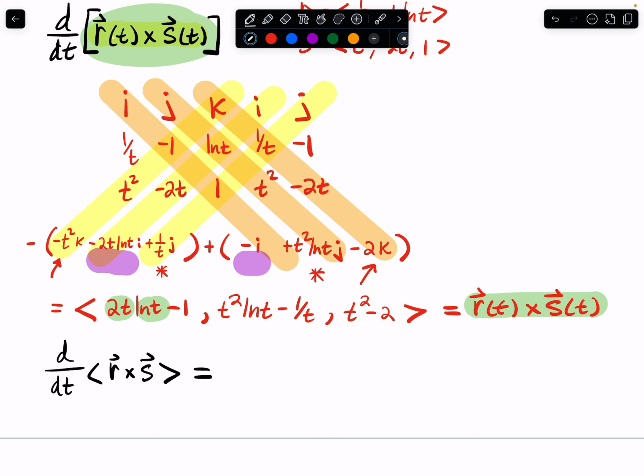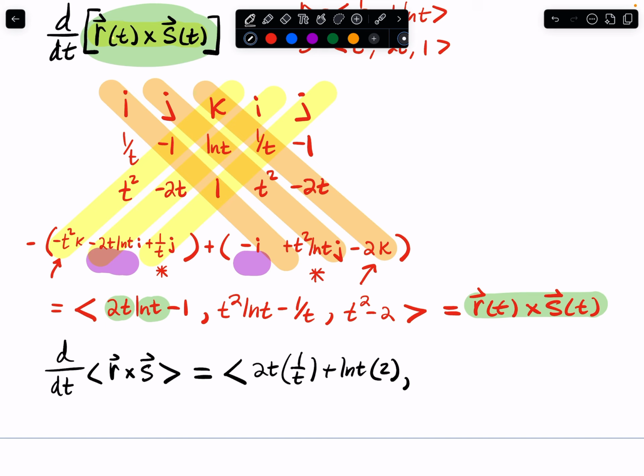I need to do first times the derivative of second. So the first is 2t times the derivative of second, which is 1 over t, plus the second, ln t, times the derivative of 2t, which is 2, minus the derivative of negative 1, which just goes away.